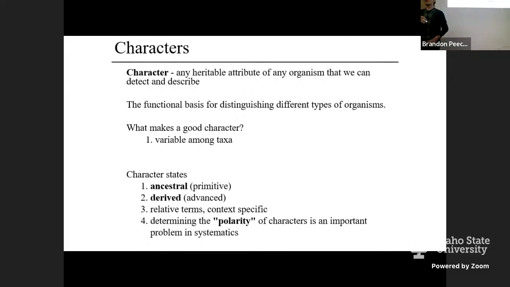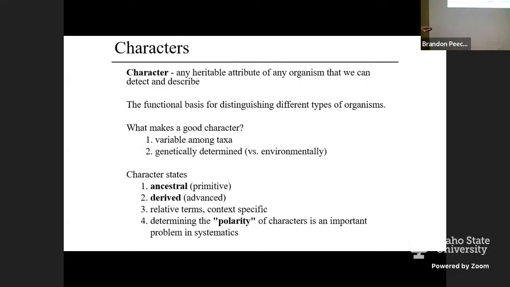When you are making a phylogeny, I hope you have some focus in mind. You're not doing all of life on Earth all at once. If you're doing South American monkeys, heart wouldn't be a good one, but something else might be. So you want to be cognizant of what you're trying to get at and how it's variable amongst your study organisms.